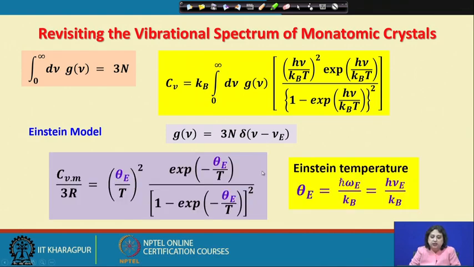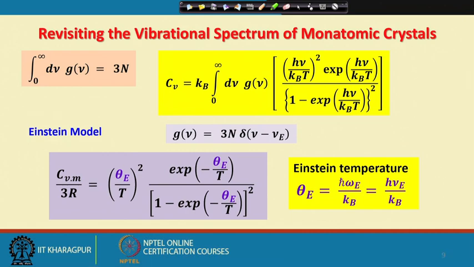So, correspondingly, if you use the properties of Dirac delta function, you put it back in here, this is the expression that you will get, which is the same expression that we have seen in our previous lecture. So, basically what we are trying to say is that right now, if I assume that the density of states gives you a non-zero peak only at nu equal to nu E, I retrieve the results that I have got from the Einstein model within the present formulation.